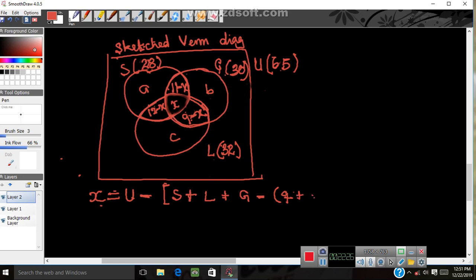So Q, R, then plus, let's say V, where the Q, R, V in this regard are the values that are supposed to be obtained at that section. So we go down and then bring in what is required. We are still looking for X. As a matter of fact, we know the value of the universal set. The universal set is what? 65.